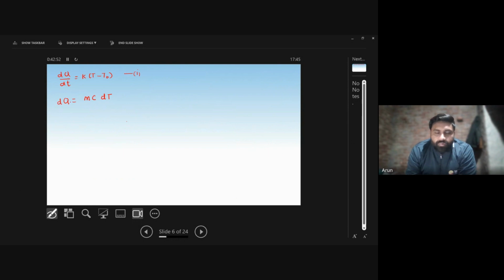Now if you differentiate this heat equation with respect to time, because this is something by which a body loses heat, it will become m into c dT/dt. Now if you compare it with the second equation, it will become mc dT/dt equals k into (T minus T naught), and this k is also here the thermal conductivity. Sorry to mention that.